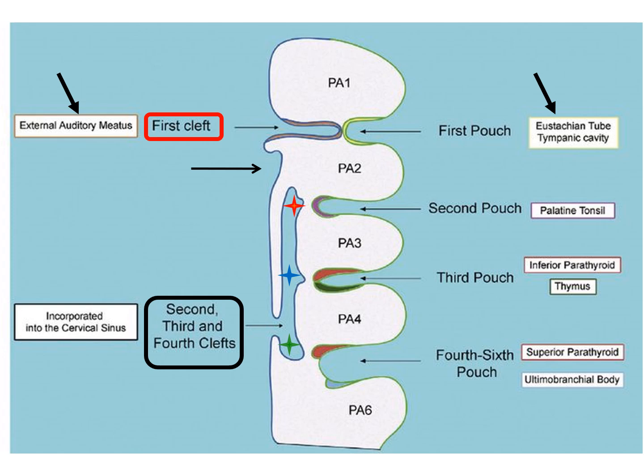Now what is happening is that the ectoderm of the second pharyngeal arch is going to grow and obliterate these clefts. Sometimes there is a small lumen leading to this space.